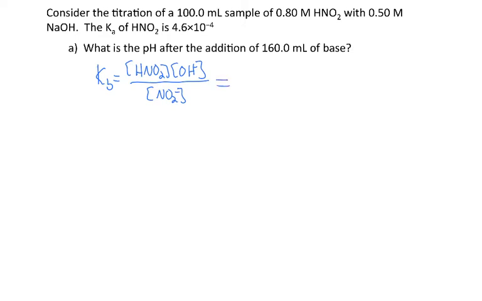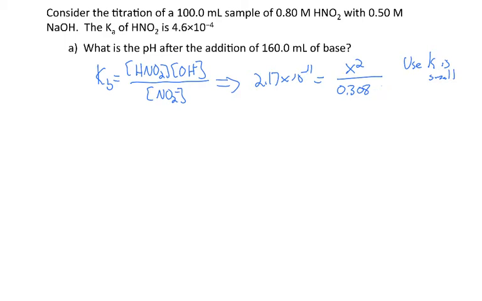So this becomes Kb that we found last time. Of course, in this case, K is extremely small, so I can use the K small approximation. All right, so that means I can essentially ignore this minus x. So I'll just go ahead and erase them.